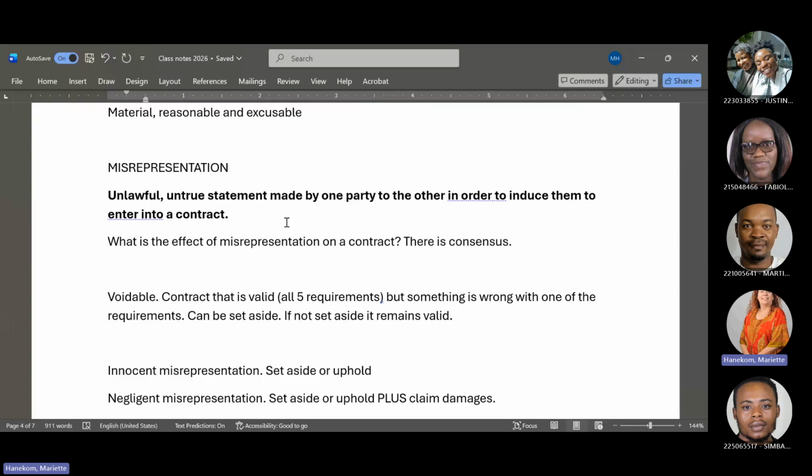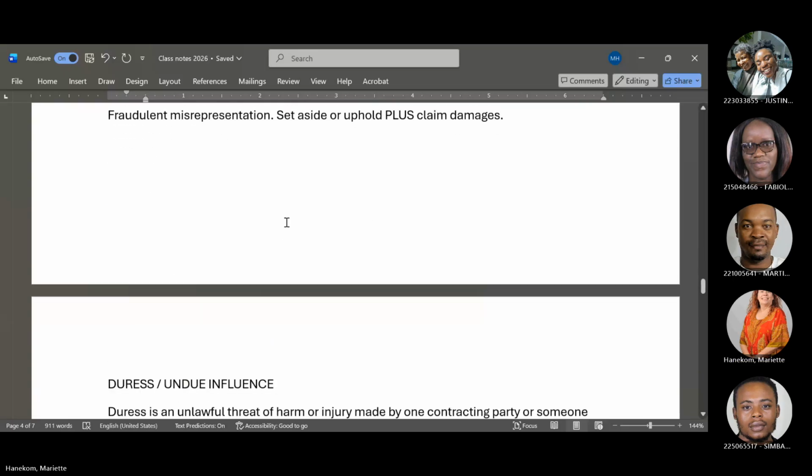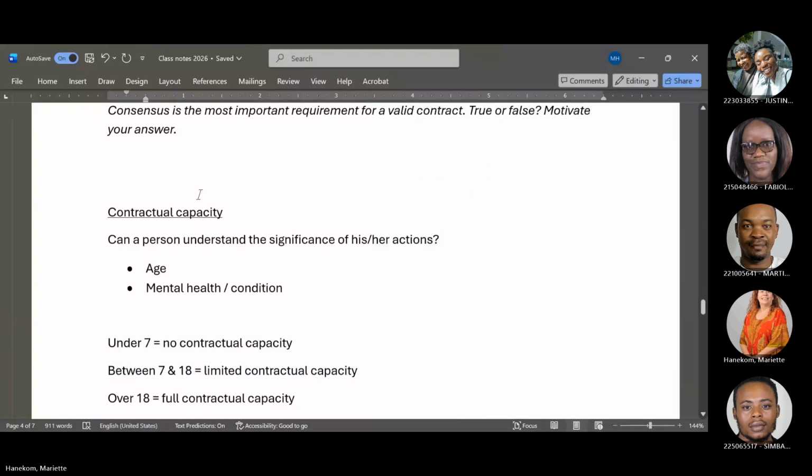So the further requirements there for a valid contract. Firstly, the parties must have contractual capacity. Contractual capacity is closely linked to consensus in the sense that consensus is a complete agreement to bring about obligations, complete agreement about the consequences, about the obligations.